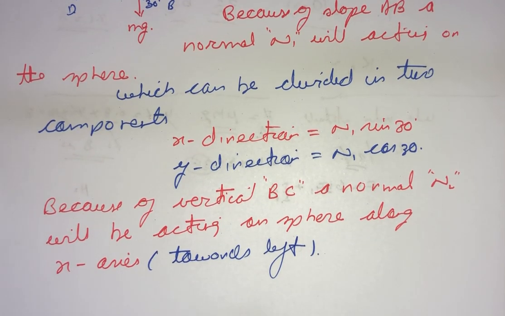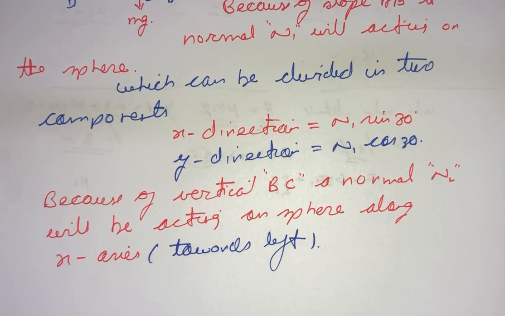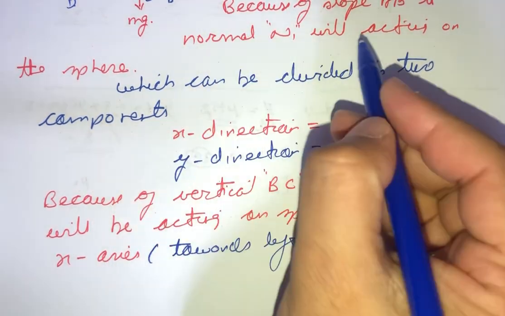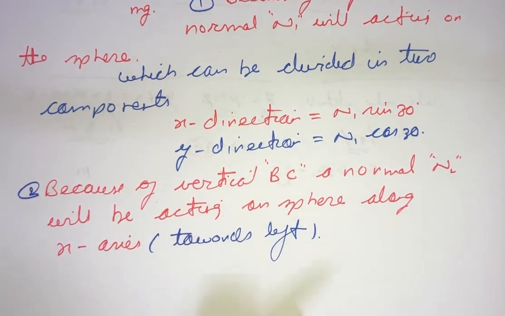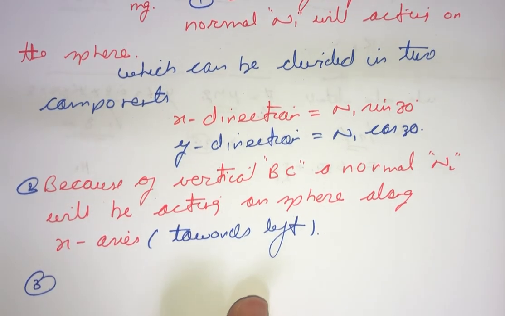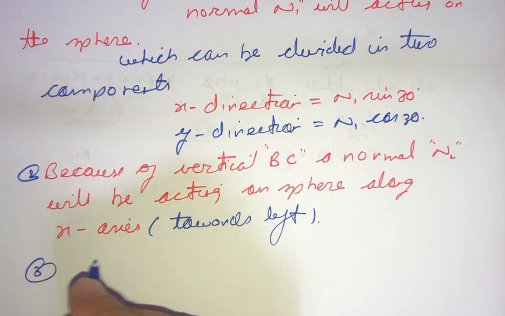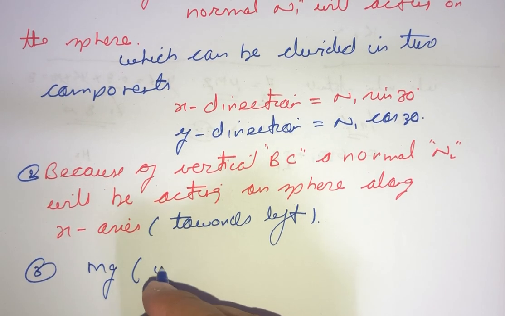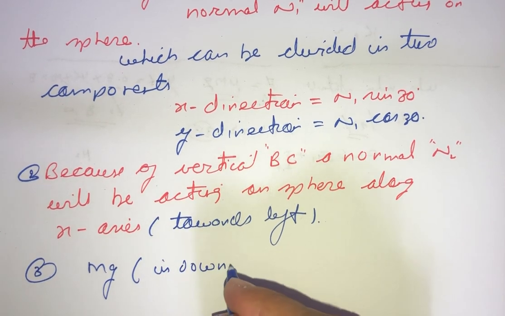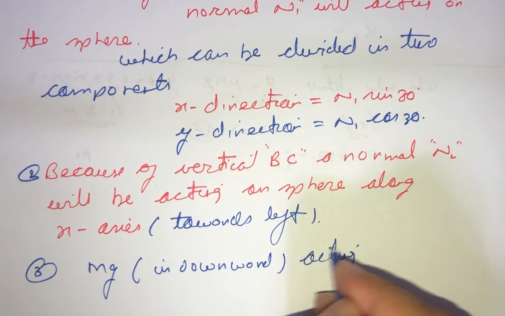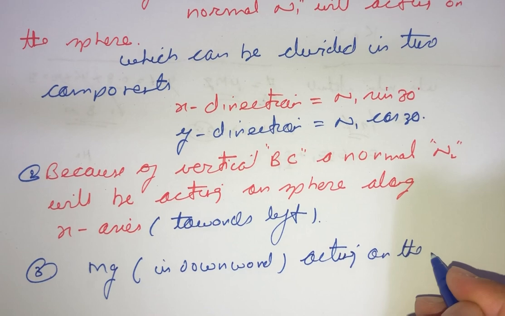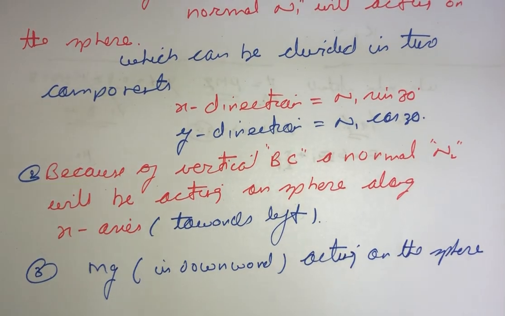So now finally there will be a weight mg in the downward direction. So this is our first force, the second force, and the third will be mg in the downward direction, acting on the sphere. So broadly we can divide all the forces into three.